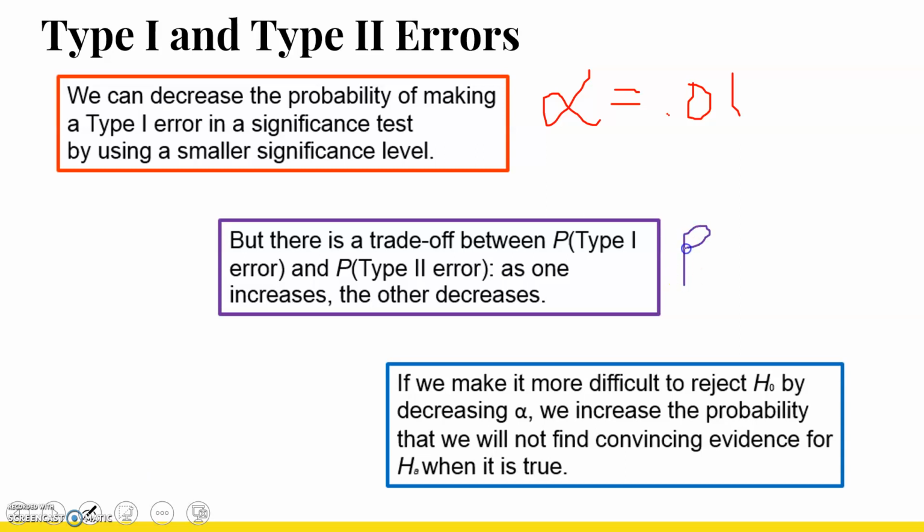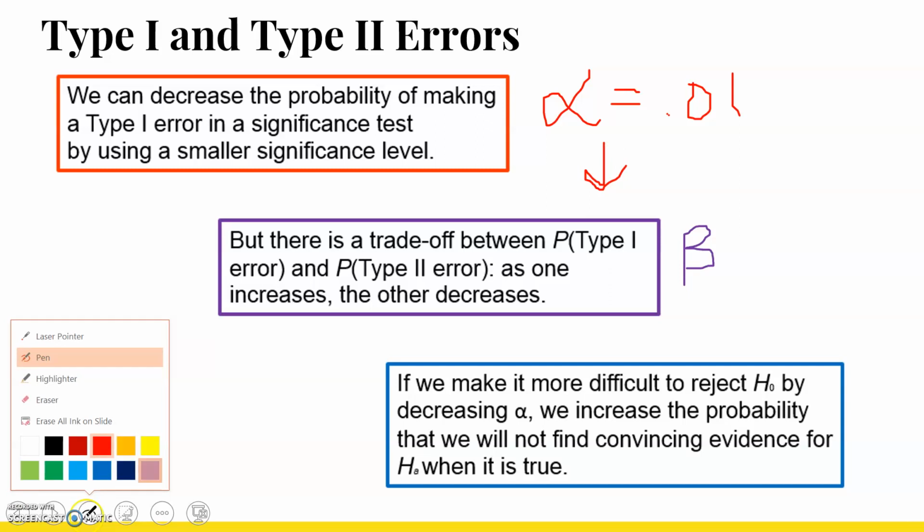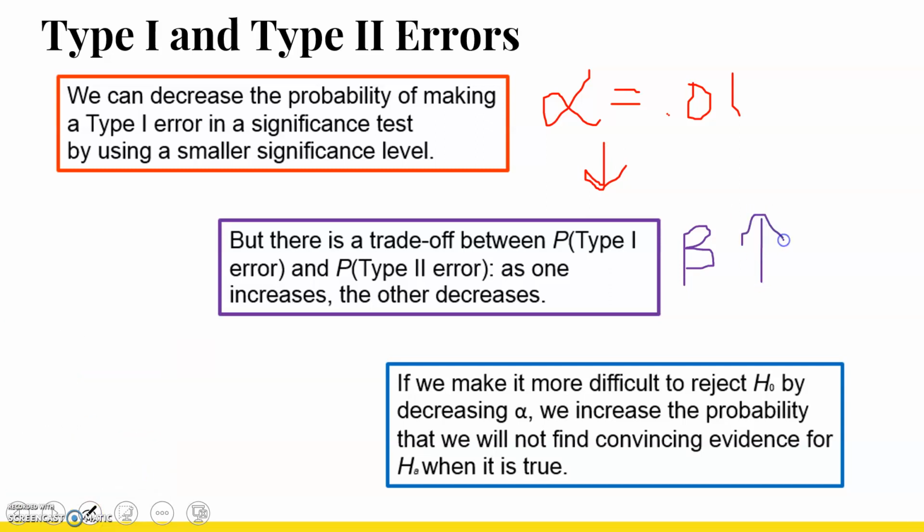Now, some books will call the type 2 error probability beta. I'm going to use that notation just to hopefully simplify things. But alpha and beta are inversely related. So if your type 1 error goes down, if your alpha goes down, you're actually increasing your probability of a type 2 error. Your beta would go up.